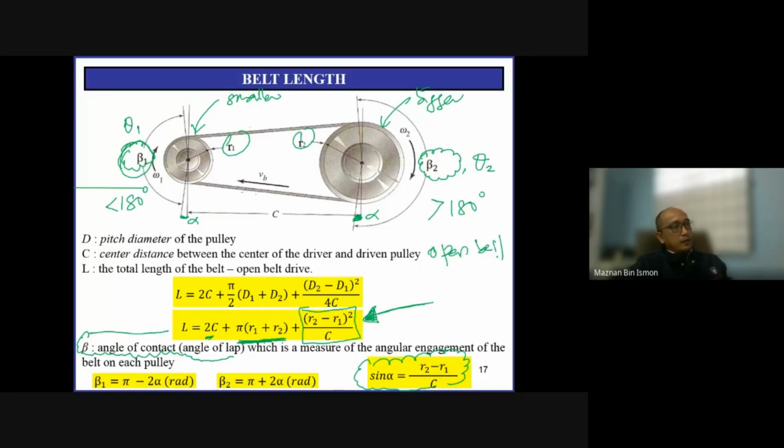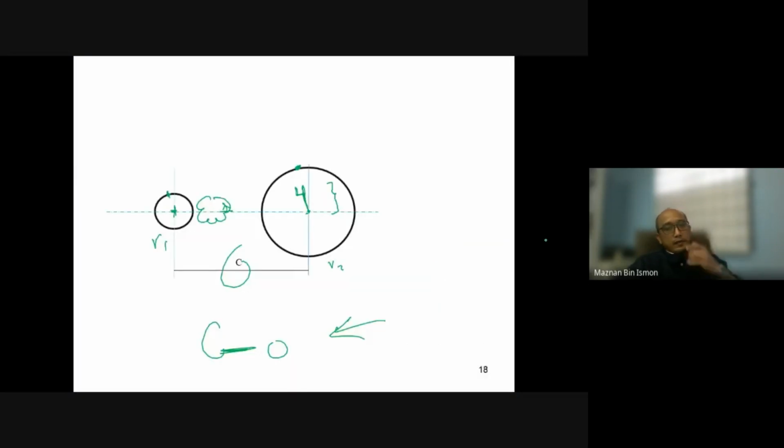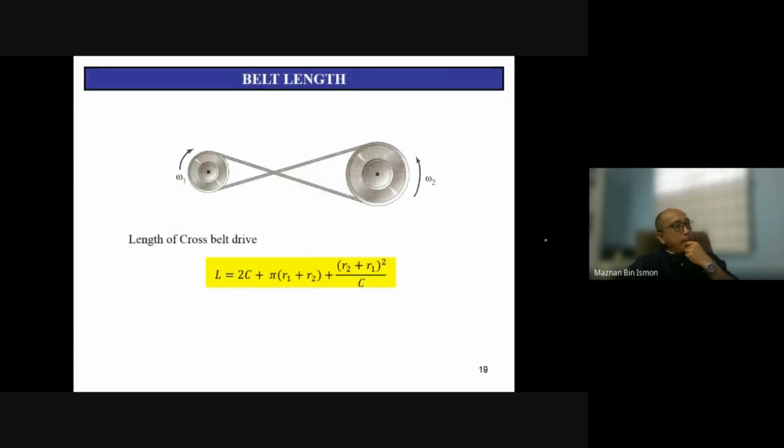Open belt system. Open belt. While this is cross belt. This is cross belt.